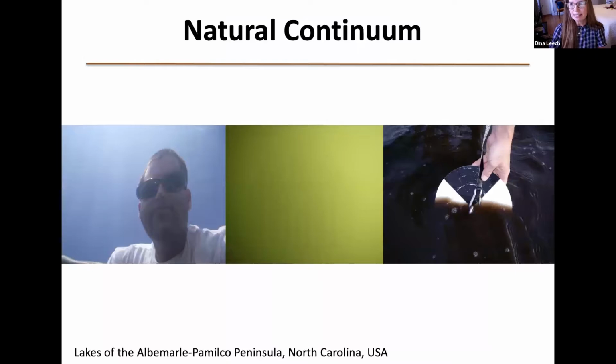I want to emphasize that inland and coastal waters may naturally exist in any one of these colors, from blue to green to brown. It's not like blue lakes are healthier than brown lakes. Brown lakes that occur in places with lots of wetlands with rich organic soils are perfectly healthy. They should be brown in color.